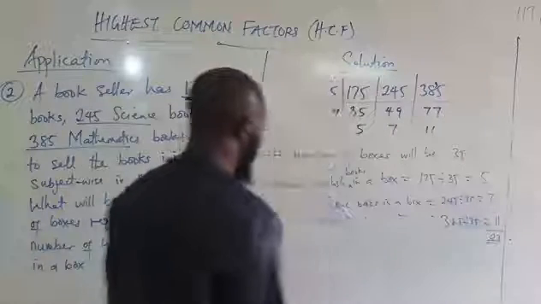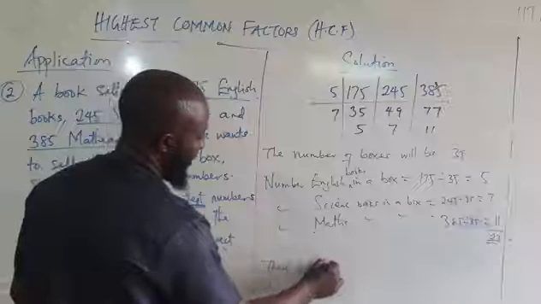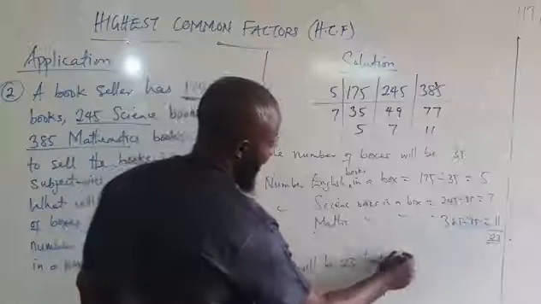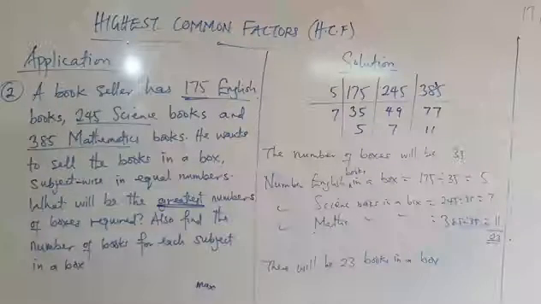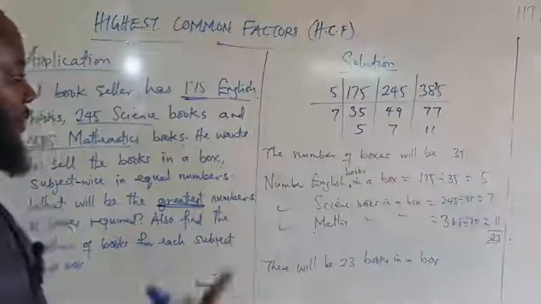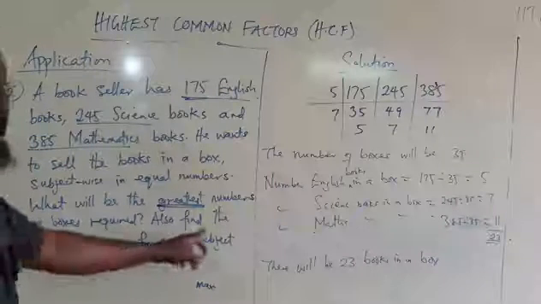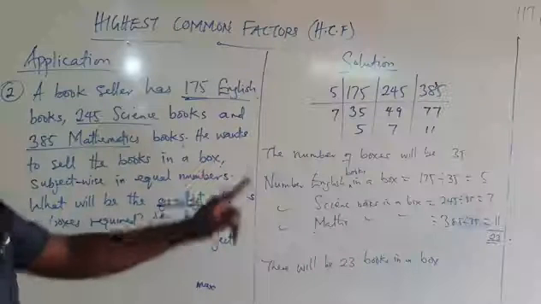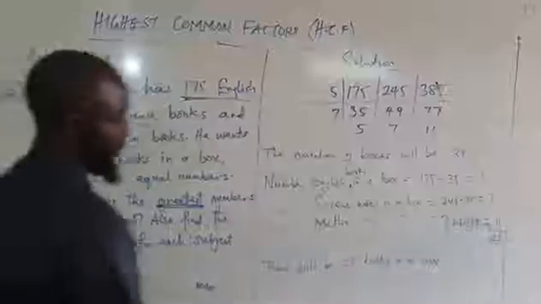There will be 23 books in a box, containing 5 English books, 7 science books, and 11 mathematics books. So the number of books for each subject which we have found in a box, and the total number of books in the box will be 23.